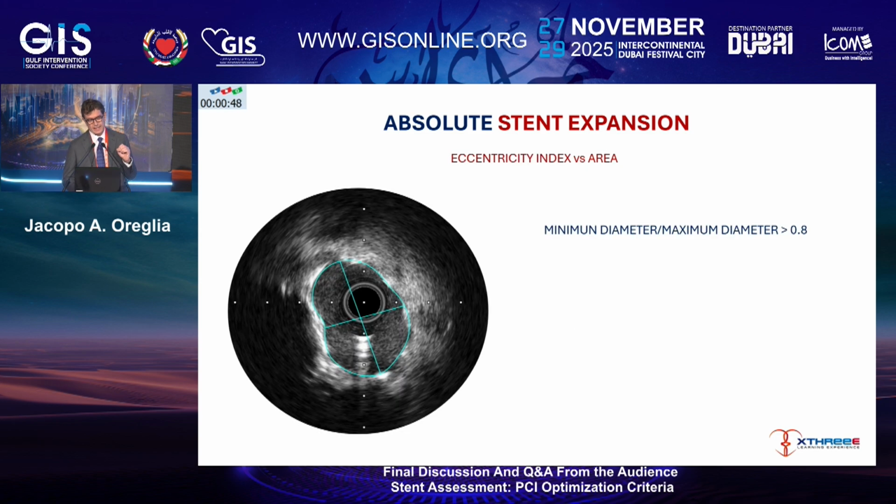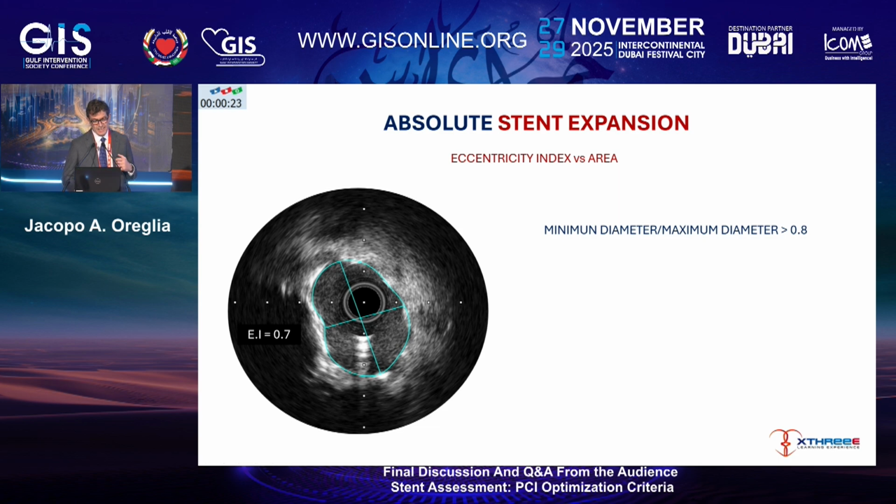5.5 square millimeters comes also from the evaluation of the eccentricity index, because we know that if we have an eccentricity index, which is defined as the ratio between the smaller diameter and the bigger diameter of the stent, that is more than 0.8, we have a better elution of the drug and probably better results.